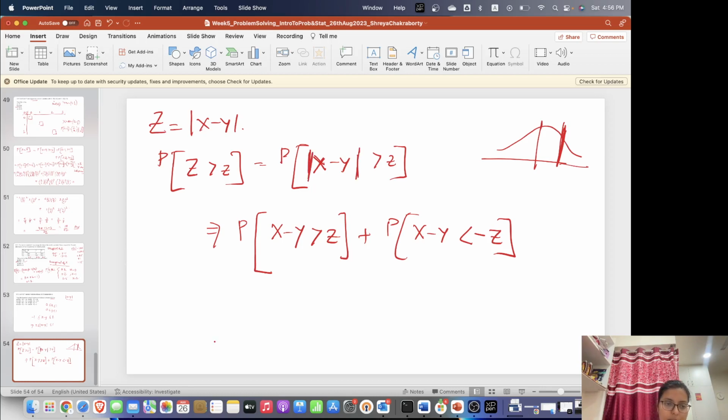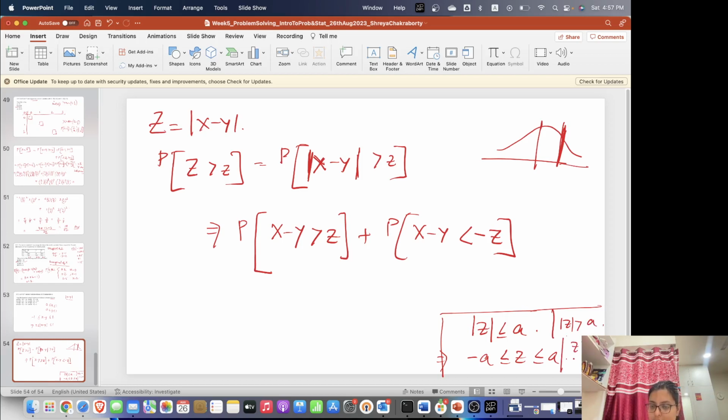So here if you see, if I have mod z less than equal to a, it means that minus a less than equal to z less than equal to a. Okay, so if I have something like mod z is greater than a, it means that either z is greater than a or z is less than minus a. So we are splitting this into two cases.